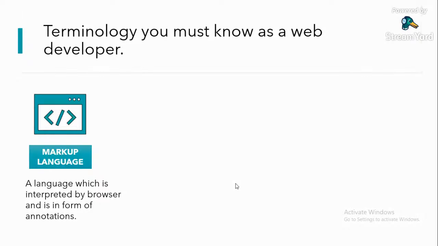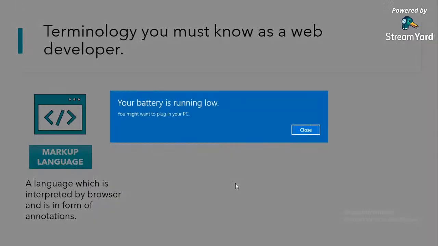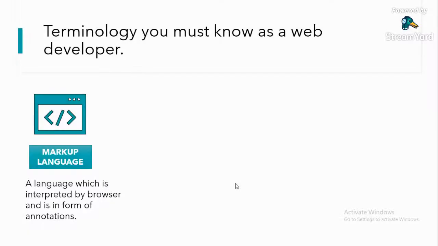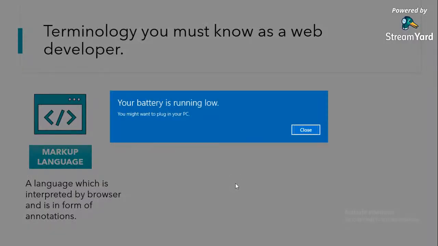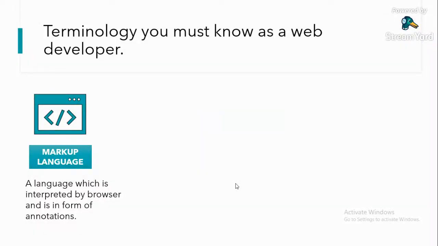It cannot implement logic on its own, and it needs other languages to implement those logics. So we'll say that HTML is a markup language, interpreted directly by the browser.